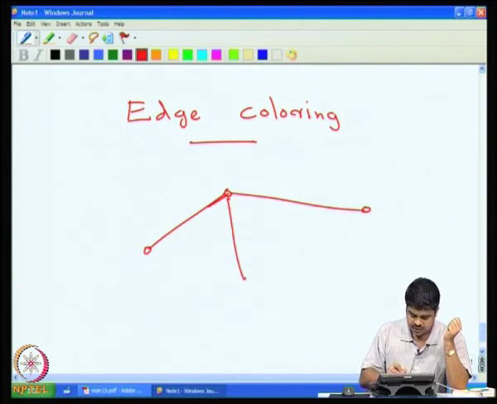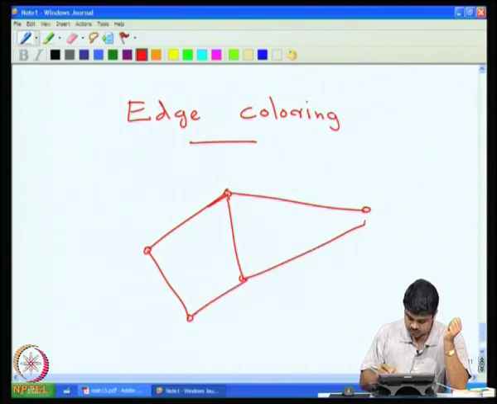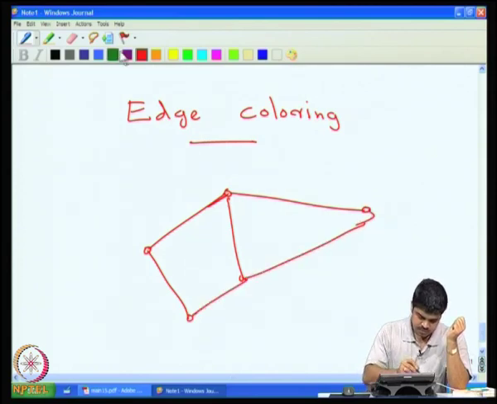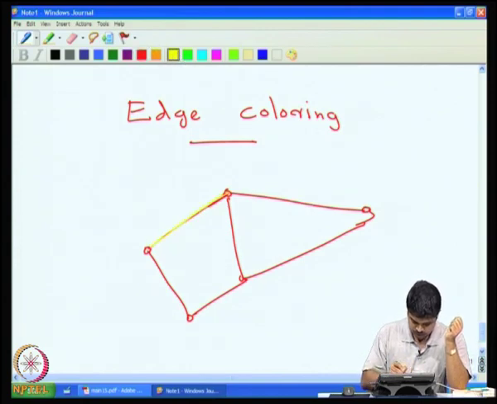So, for instance, if this is the graph, how do you edge color it? You may want to use green color for this, red color for this, maybe a black color for this. So, now these three are red, black, yellow here.